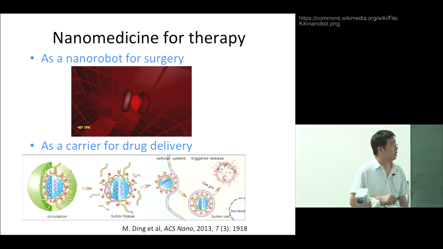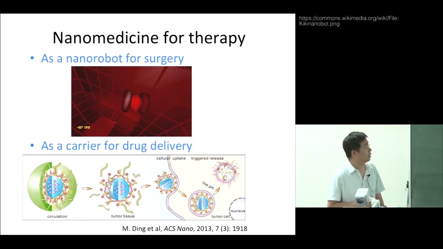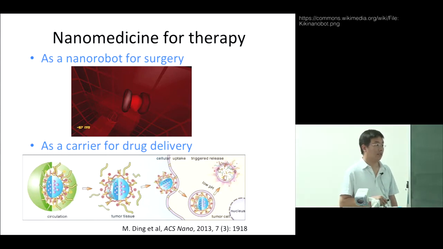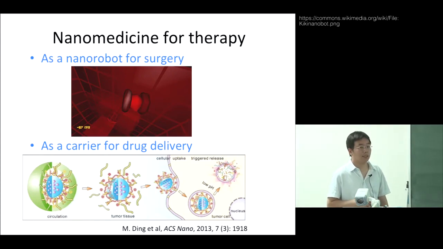The other application for therapy is nanoparticles. Nanoparticles can act as a carrier for drug delivery. As we know, when we take drugs, only a little amount of the drug can go to the diseased part.